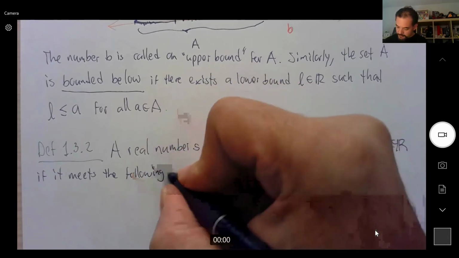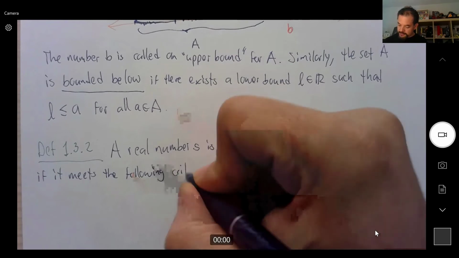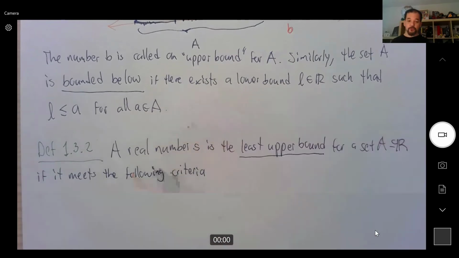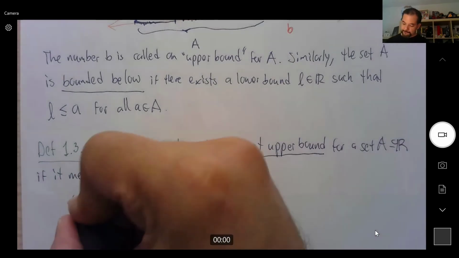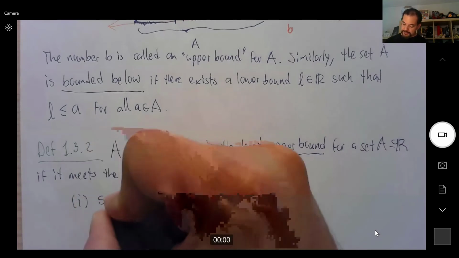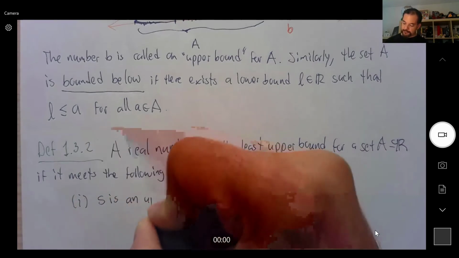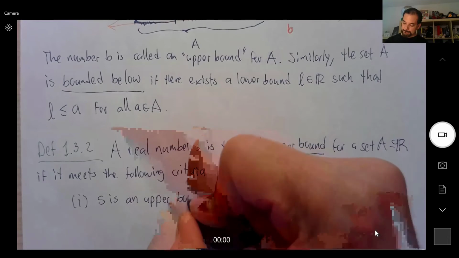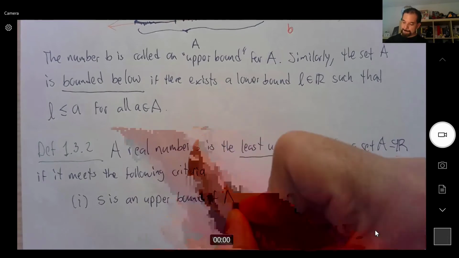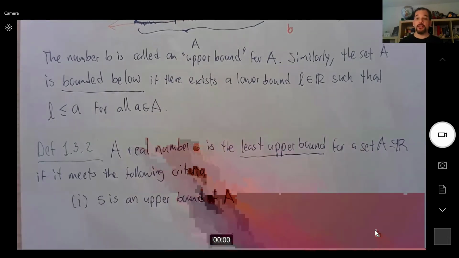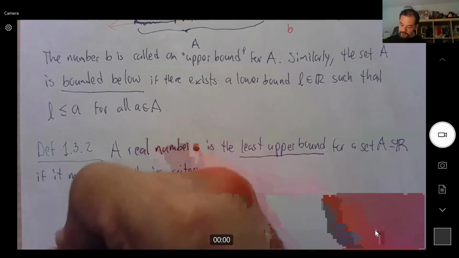There's only two things. One, S itself is an upper bound of A, right? Makes sense. We're calling it the least upper bound, so we expect the number to at least be an upper bound. So S is an upper bound, that's the first one.